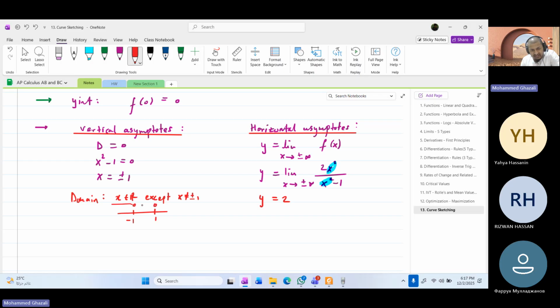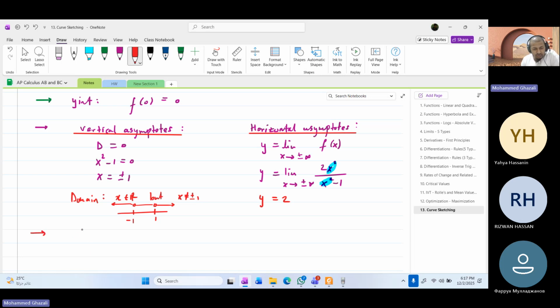So the domain is everything on this number line except -1 and 1. So write -infinity to -1, union, -1 to 1, union, 1 to infinity. Should be not except, but x is an element of real numbers, but x not equal to plus minus 1. All right, that's the domain.